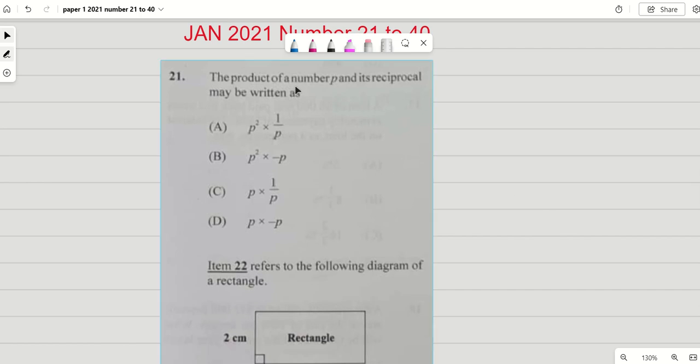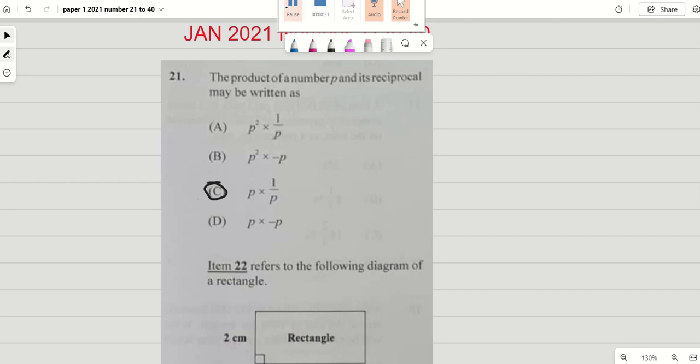The product of a number p and its reciprocal may be written as the product of p and its reciprocal. Reciprocal means the opposite of multiply by. So this one, number 21, is C. The product of a number and its reciprocal is always 1.